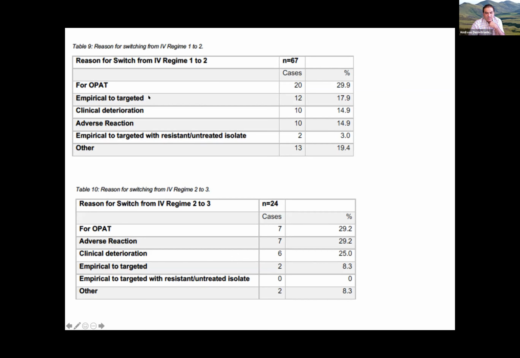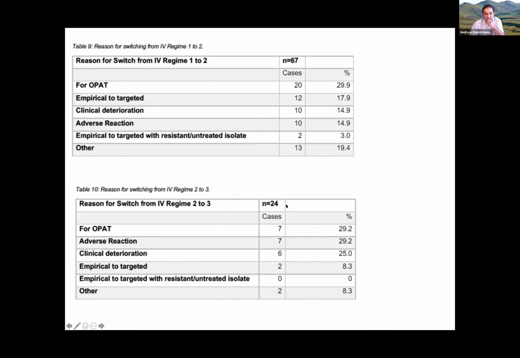Often it's because we're switching from empirical to targeted after the sensitivities are available. That's about 18%. In 15% of cases, there was ineffective treatment with clinical deterioration whilst on antibiotics. And in another 15% of cases, an adverse reaction.